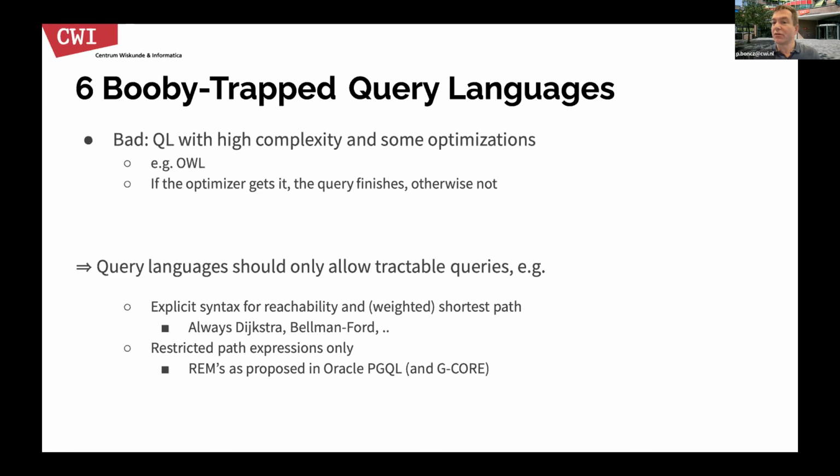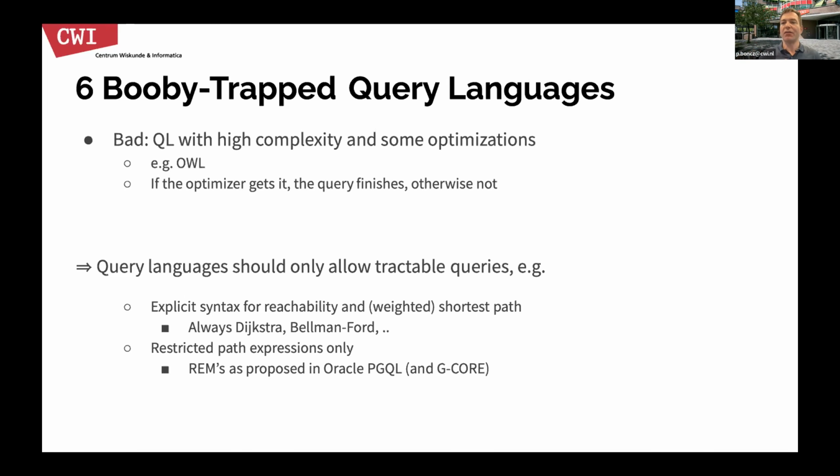But this also very quickly can get you into tractability hot water. There is a class of path expressions called regular expressions with memory, called REMs, that was identified in Oracle's PGQL and also used in G-CORE and used, I think, in SQL/PGQ, which has the nice property that it is always mappable to a tractable problem.